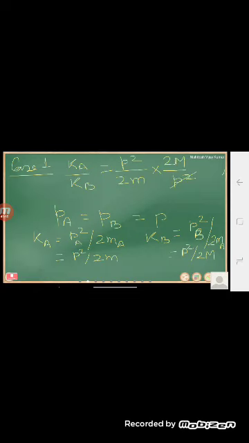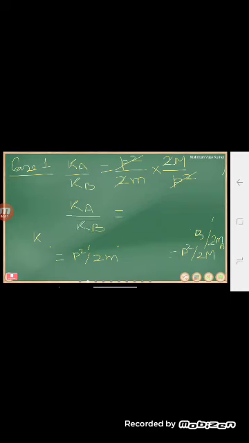So P square cancels, the 2 cancels, and finally we are left with Ka upon Kb is equal to M upon small m.